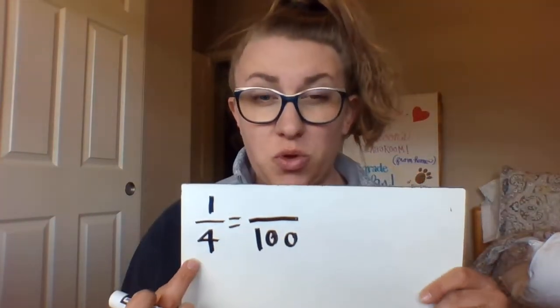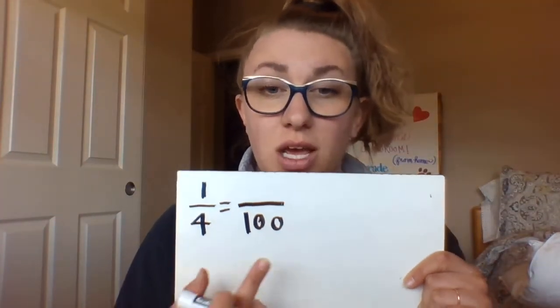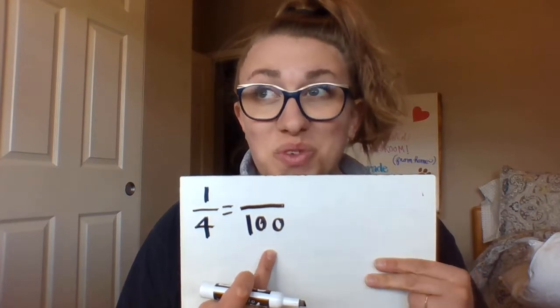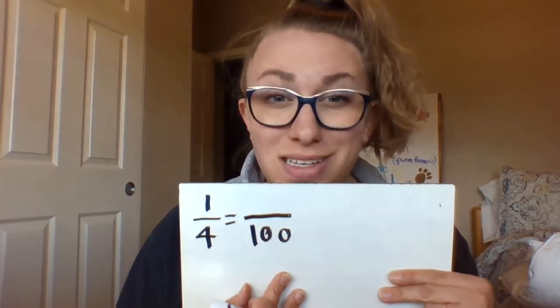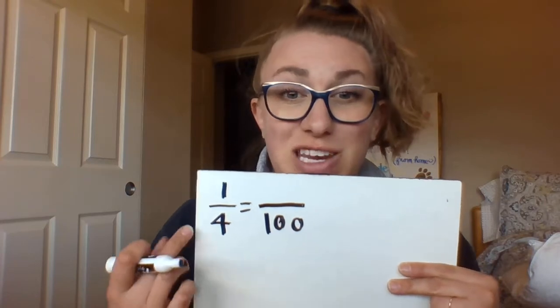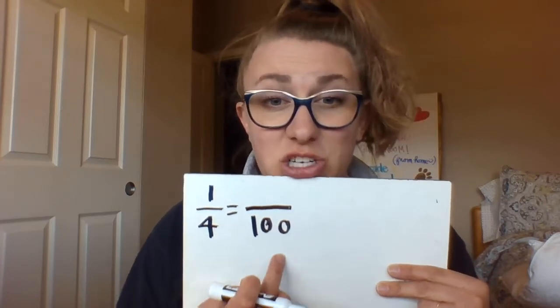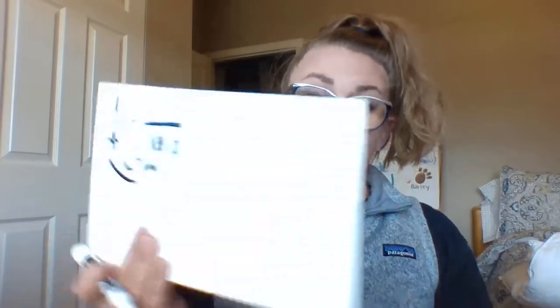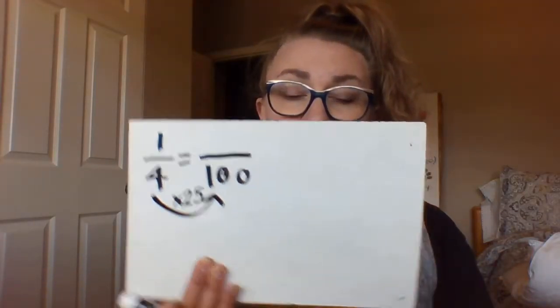How can we go from a 4 using multiplication to 100? Well, if you think about money and quarters, quarters are worth 25 cents, and you need 4 of them to get $1, which is 100 cents. So what are we going to multiply by? 25. 4 times 25 equals 100, so that's changing our denominator to hundredths.